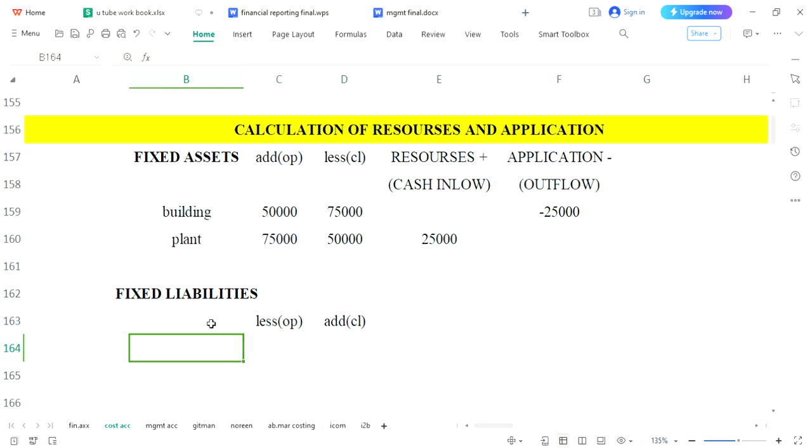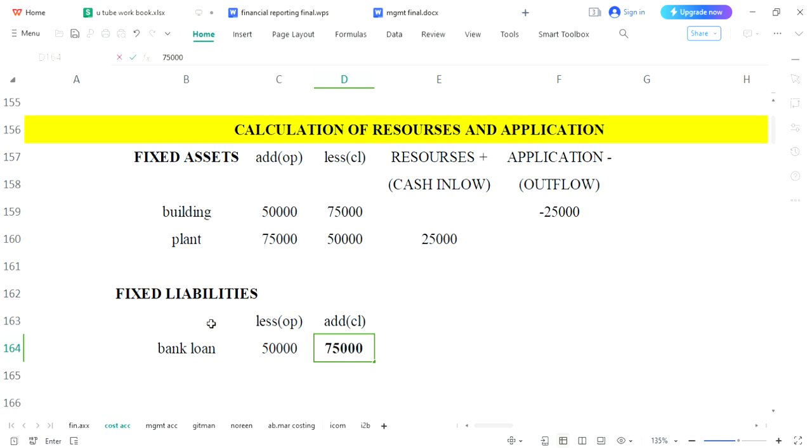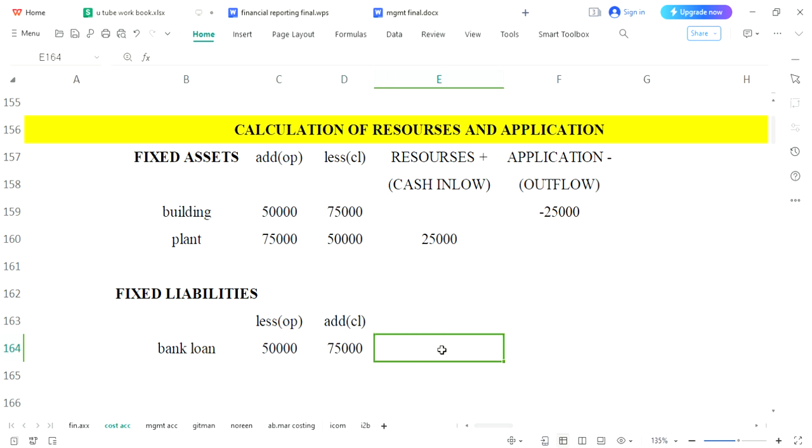Let's take an example. You have a bank loan which is not a current liability, and you have 50,000 at opening and 75,000 at closing, and as usual the sign with closing is plus. So you put minus with the opening and you have got plus. It means it's a resource.